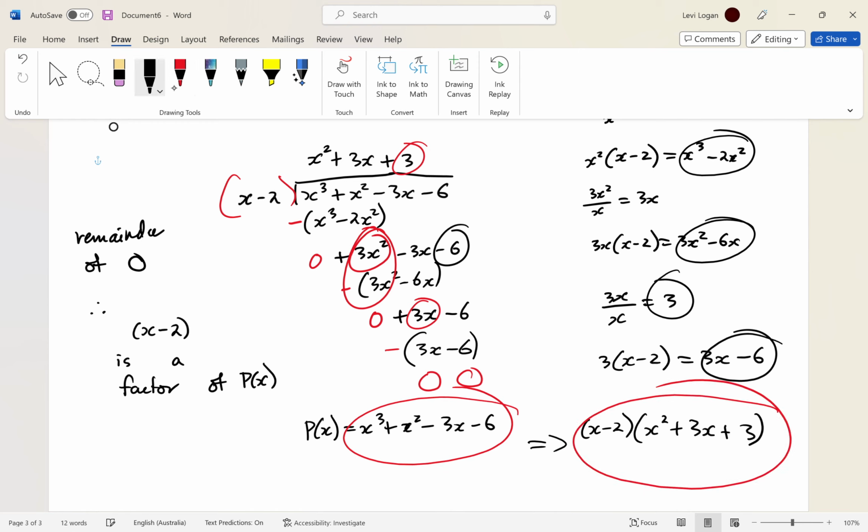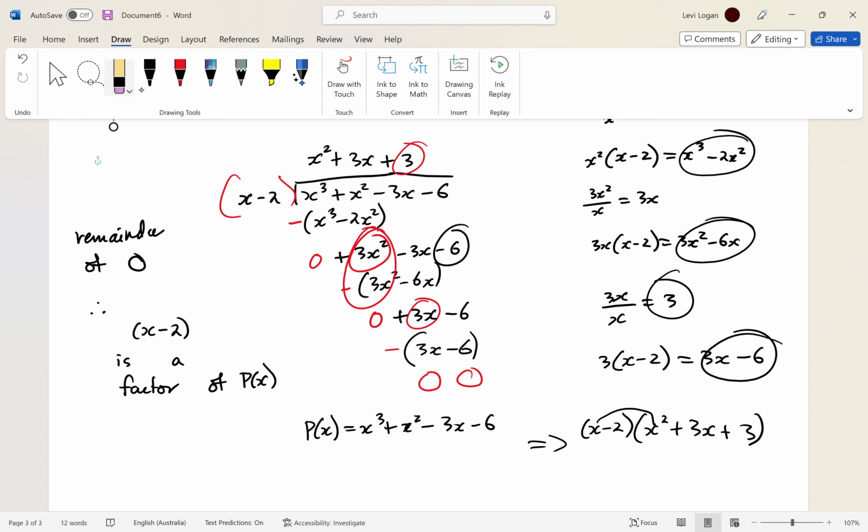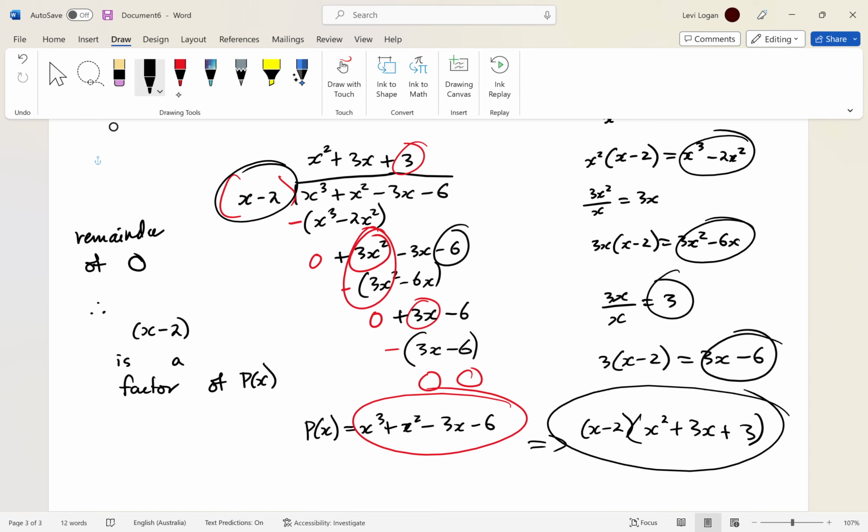So if you were to multiply this out using the FOIL method, you'd get this thing here. Okay? So what we found is the whole point of why we divide polynomials, right? So if you had something in p of x form like this, and you divided it by a factor, you broke it up into one of its roots and a quadratic that we could solve using the quadratic formula. But that's a story for another video.